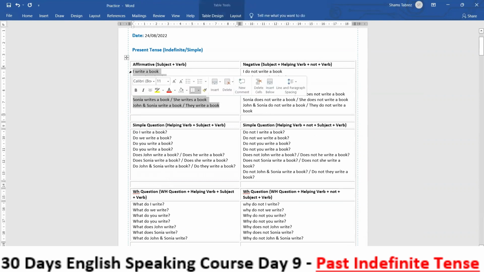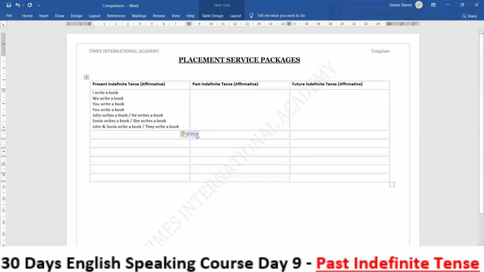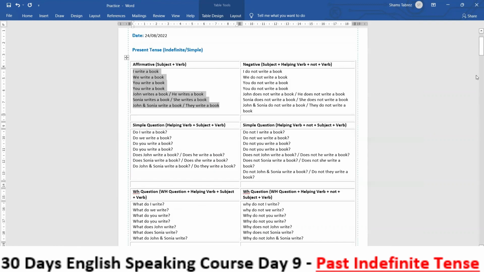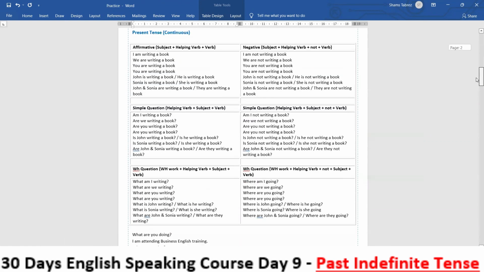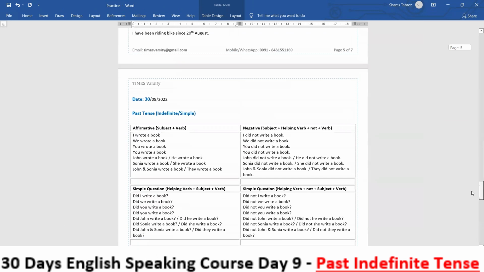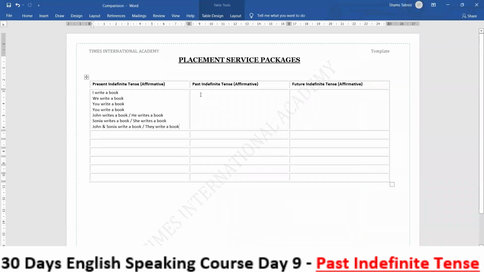These are the sentences. And just now we also made sentences in the past indefinite. And once we make sentences in future, we will keep on updating here.